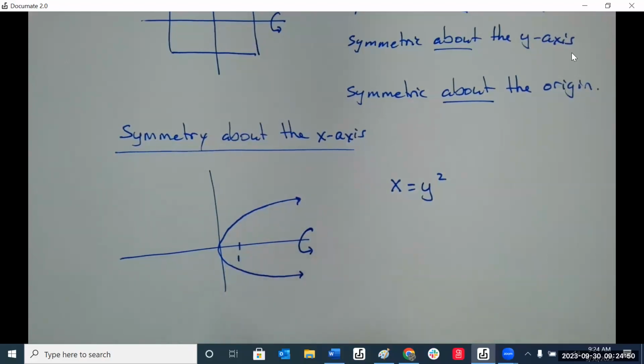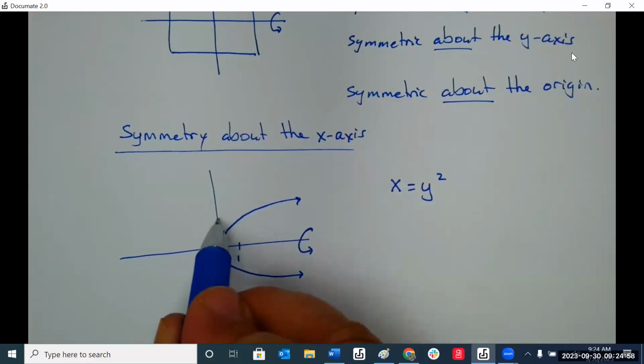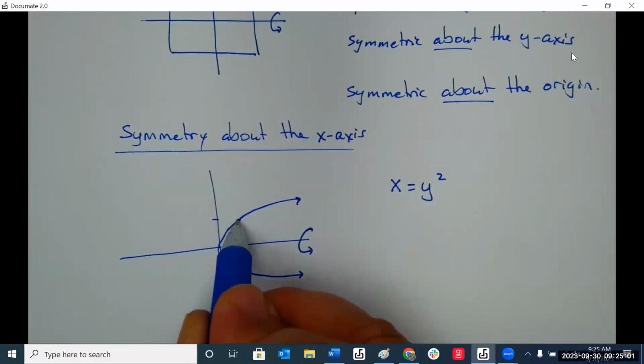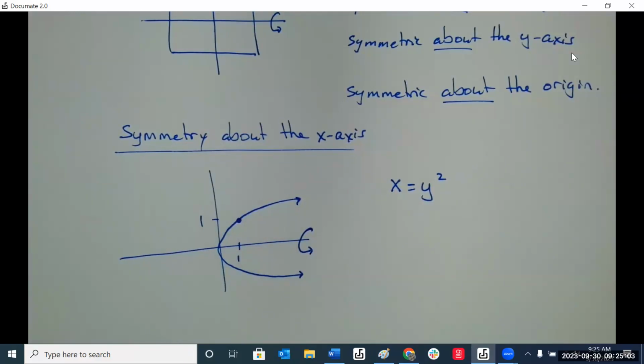When x is 1, what is y? Are you sure? If it's just 1, then it's not symmetric. Yes, for the same x, you have to have two y values that are the same number but different signs.